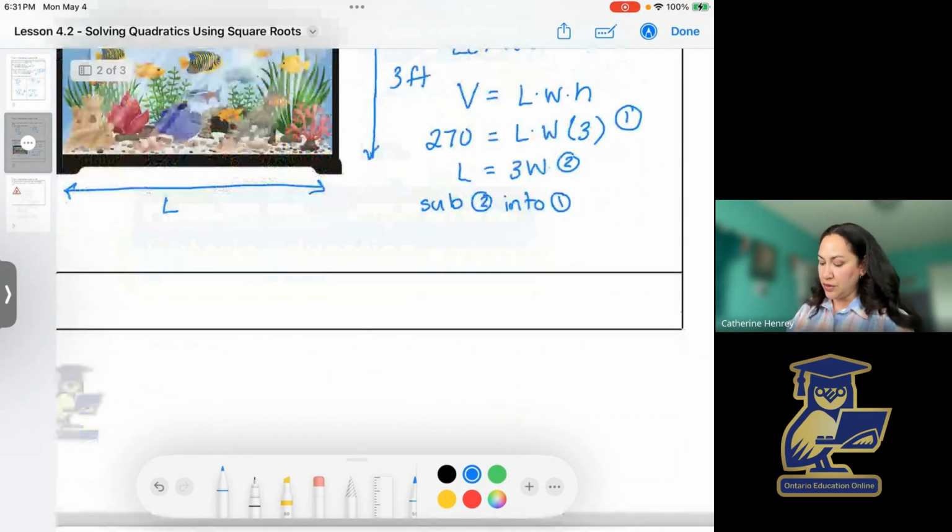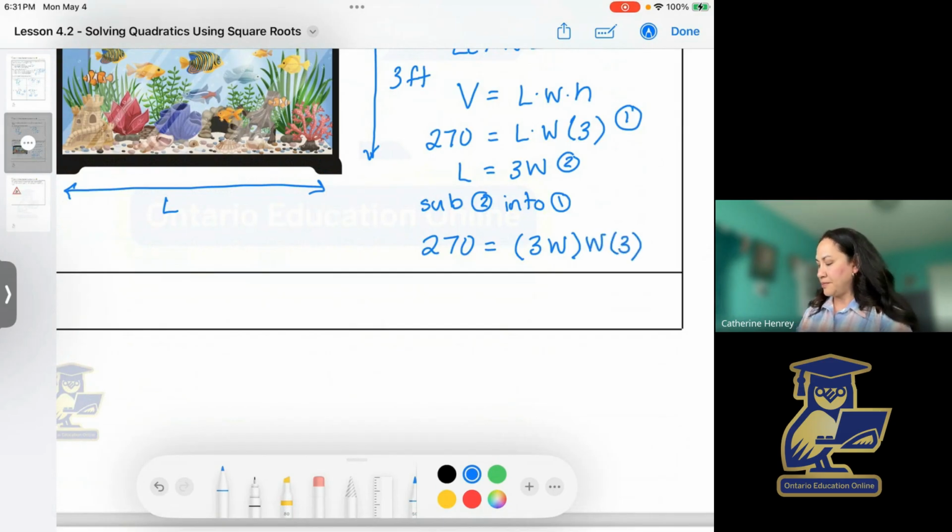And I will simplify. I get 270 equals, the L is 3W times W times 3. Tidying things up, 270 equals 9W squared. Let's go ahead and divide through by 9.